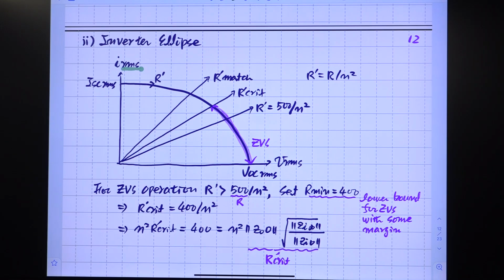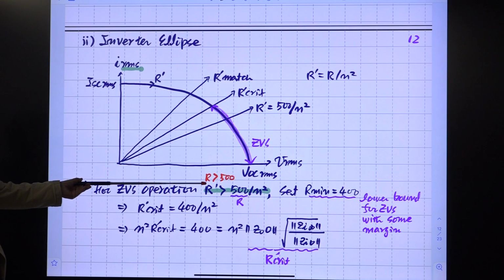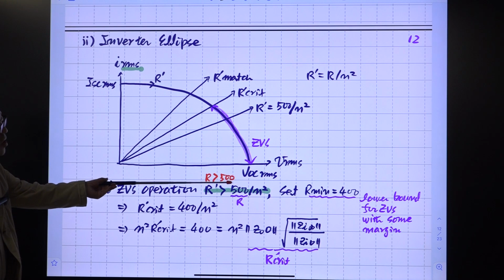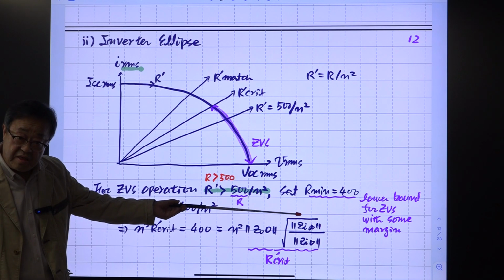So this is then the GCS operation. Original target was R larger than 500 ohm. You want to ensure the GCS operation for this value. Then R critical should be something smaller than this.